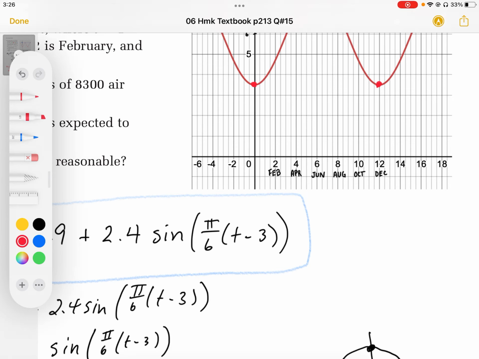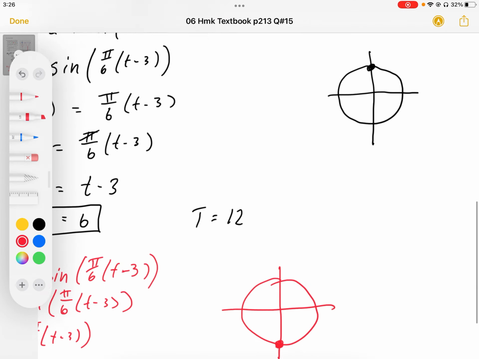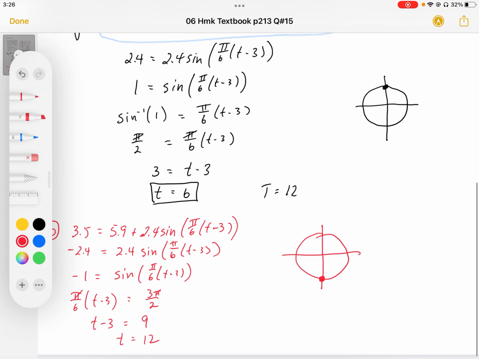So at 12 months, we have a low. We know the period is 12, so we can go back to t equals 0 if we like. Since t is equal to 12, we know that our solution for t is going to be 0, 12, 24, and so on. So every December, we're going to have the lowest amount of sales.